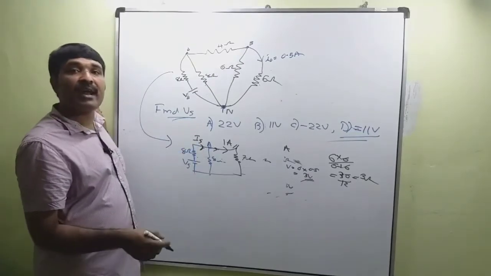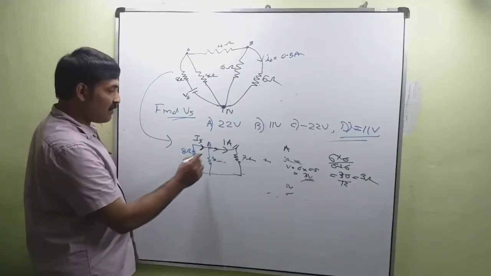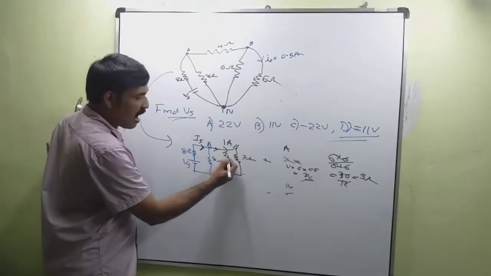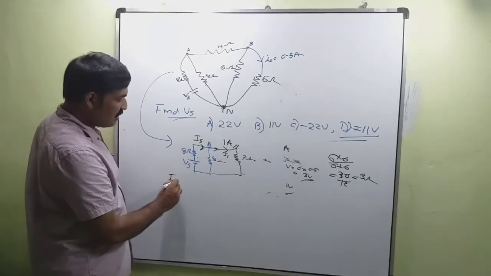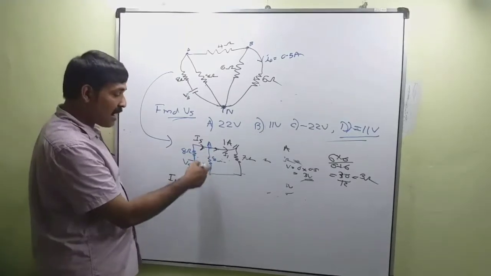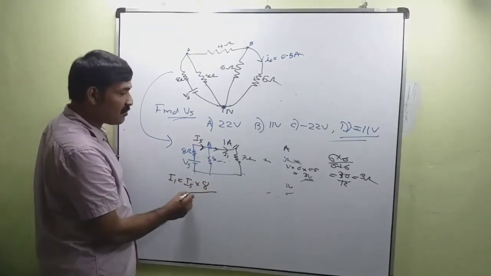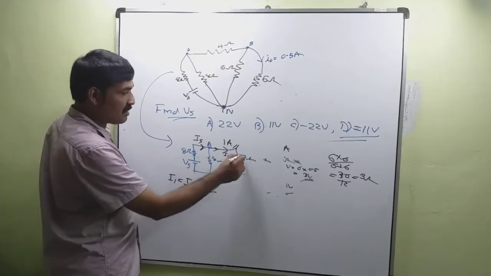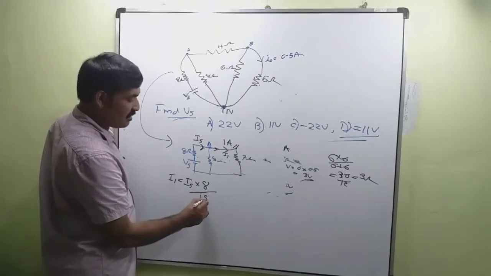Now by making use of the current division rule, this current is I1. I1 is equal to the source current IS times the other branch, that is 8, divided by the total resistance, that is 8 + 7, which is equal to 15.